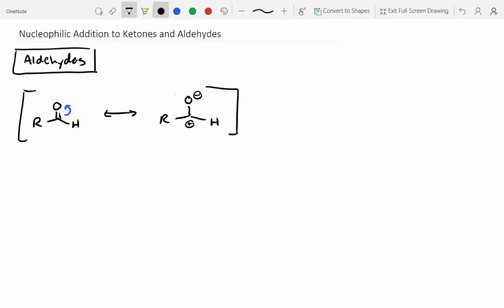So if we throw in a nucleophile, where do you think that nucleophile is going to attack? Yeah, exactly. So we can look at this and we can say this is a good electrophilic center, or a good electrophile. So in this chapter we're going to look at this a lot, and we're going to see how nucleophiles will react at this carbon.